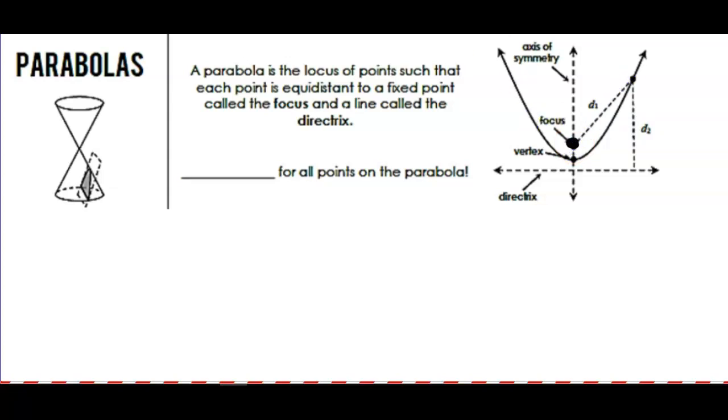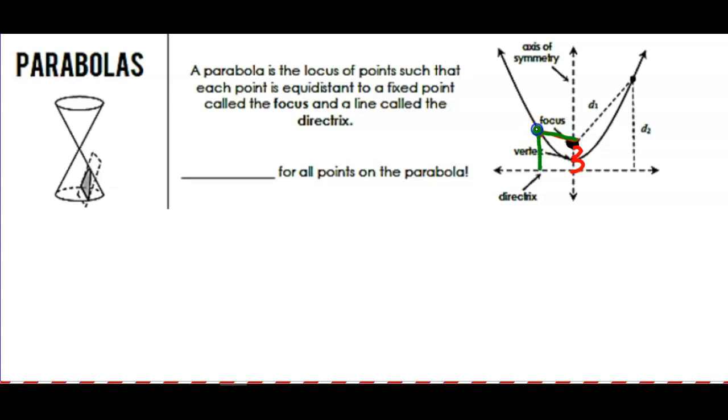Okay, if it was this point right here, we'll say this distance is equal to this line that is perpendicular to the axis of symmetry, and the same distance away as the focus is from the vertex. This vertex is to this line called a directrix. Well, that distance from focus to point on the parabola is always exactly equal to the distance from this point on the parabola to the directrix.